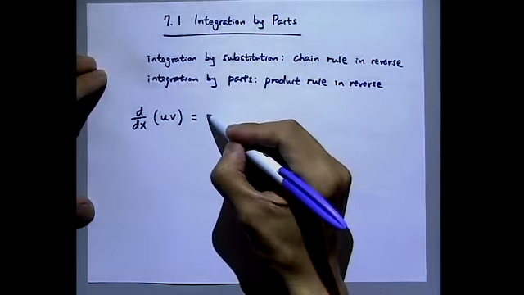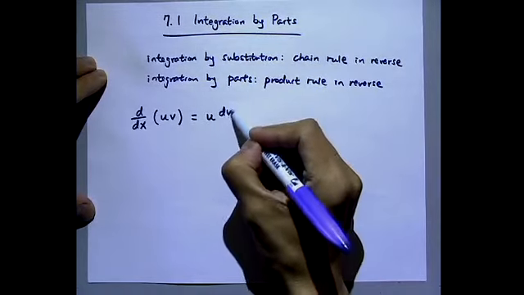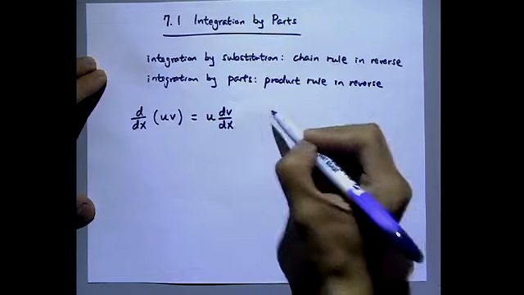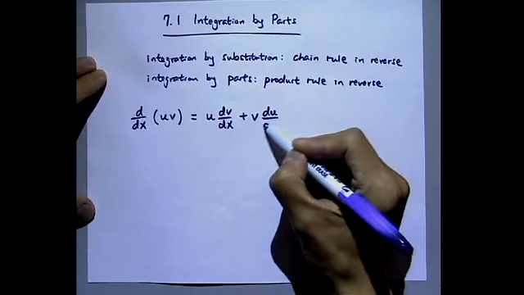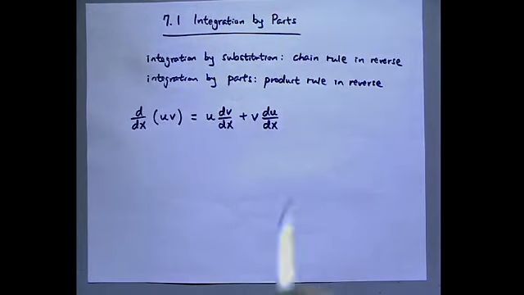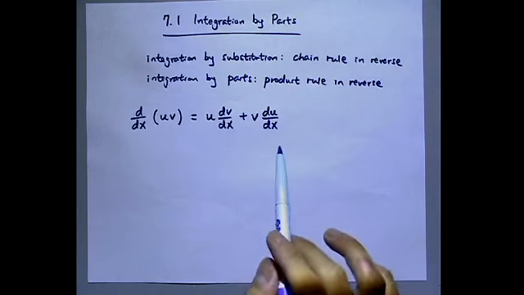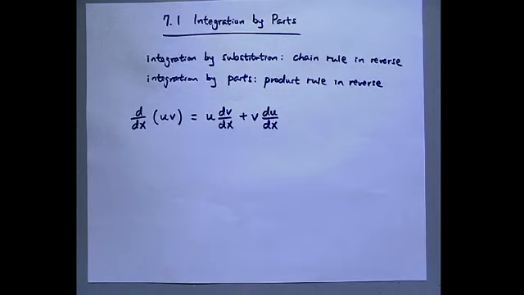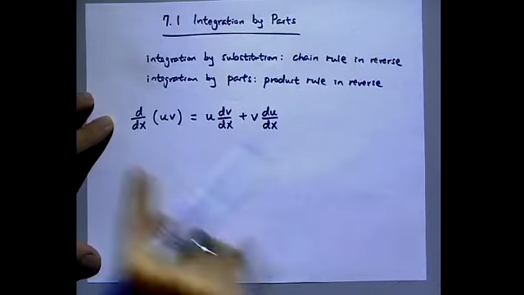So we take u, this is the first, right, times the derivative of the second plus the second times the derivative of the first. And you can reverse the order of these two because it's a summation. The order is irrelevant. You could have this come first and then this second, right? Okay, so that's the product rule.